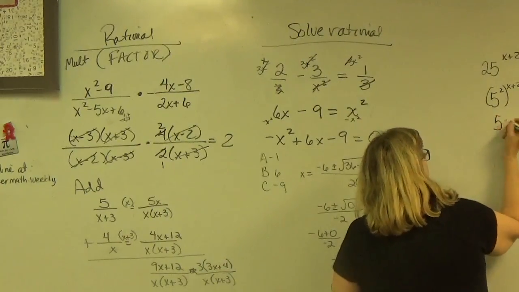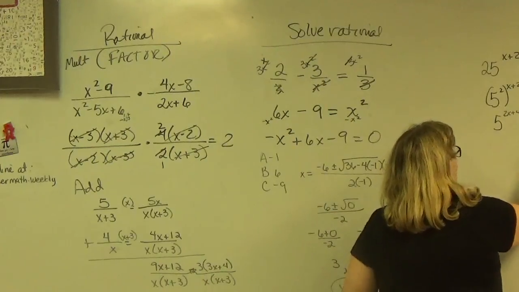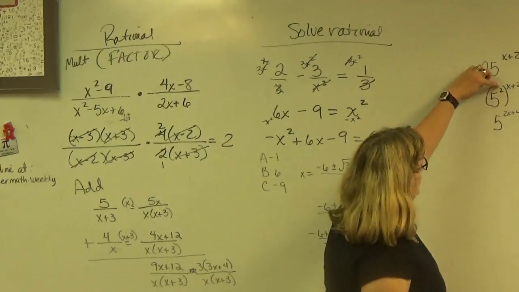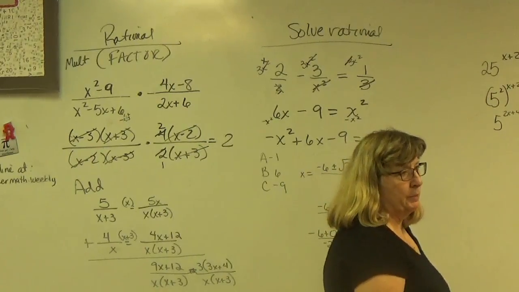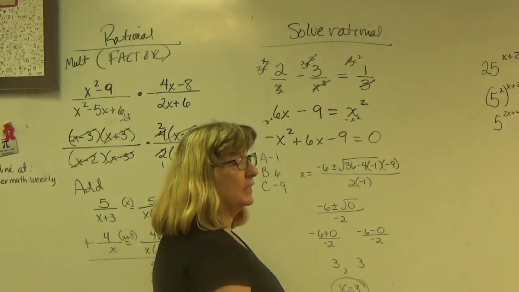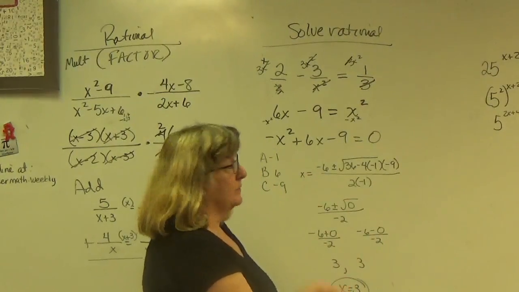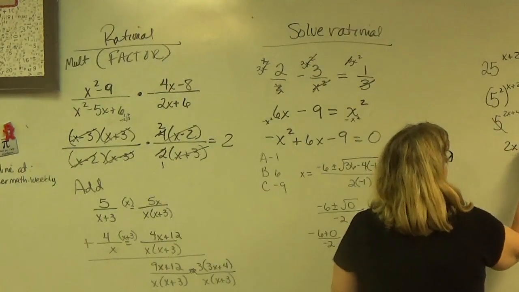So when you raise a power to another power, you multiply. So 2x and 2 times 2 is 4. Now my bases are the same, so what do we do? Cancel the bases. So the key thing: get it to be the same bases, cancel the bases, work only with the exponents.